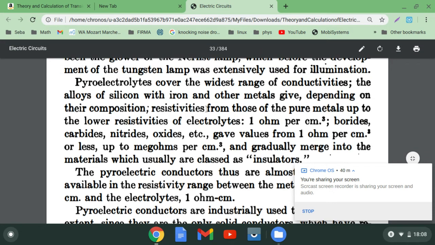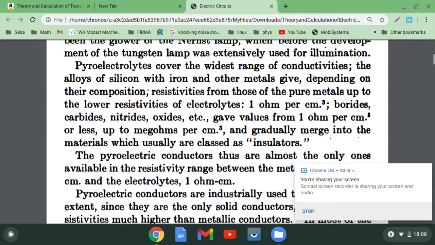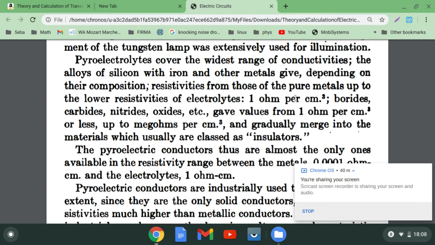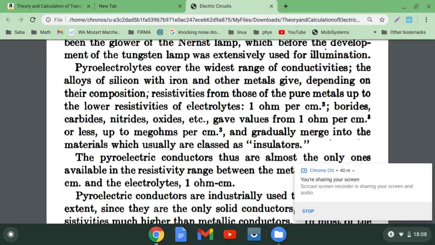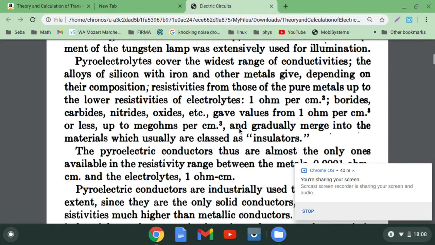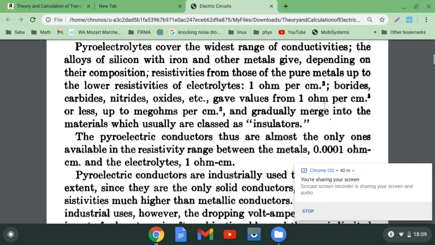Pyroelectrolytes cover the widest range of conductivities. The alloys of silicon with iron and other metals give, depending on their composition, resistivities from those of the pure metals up to the lower resistivities of electrolytes, 1 ohm per centimeter cube.